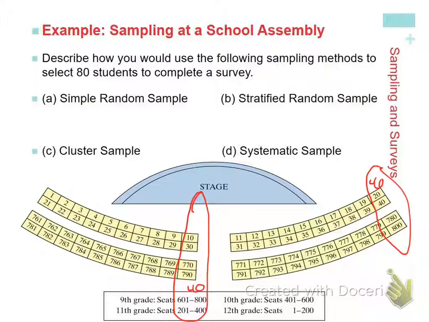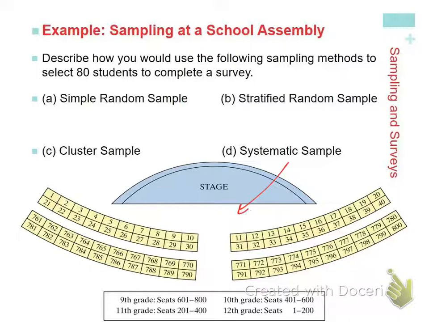It's hard to see, but we've got 10 and 30, and then 50 and 70, so these columns are a little bit weird, but in each column you're going to have 40 participants, right? So since we're looking for 80, we're going to get 2 of those columns and just go straight down a column instead of a row, right? And if you get 2 of those, one from each side, then you'll have a good mix of juniors, seniors, sophomores, and freshmen.